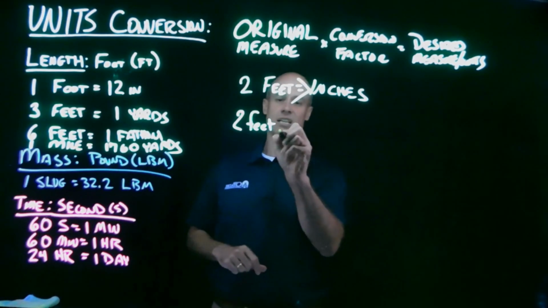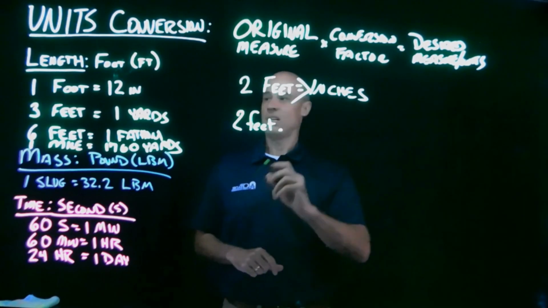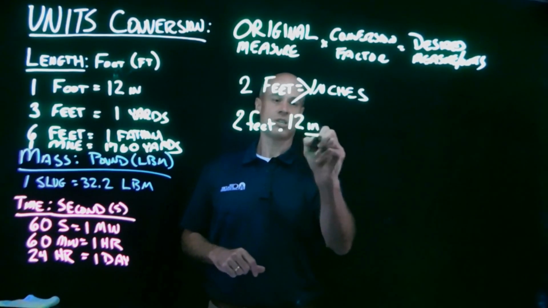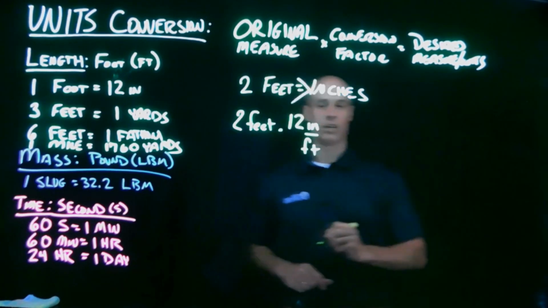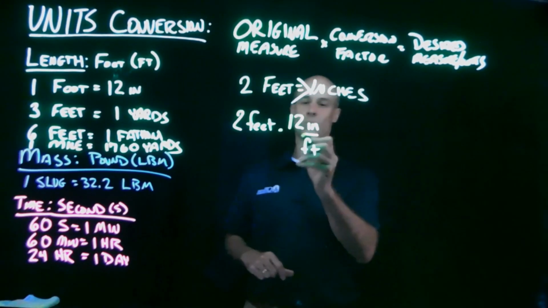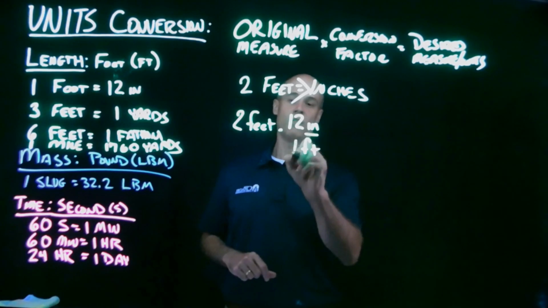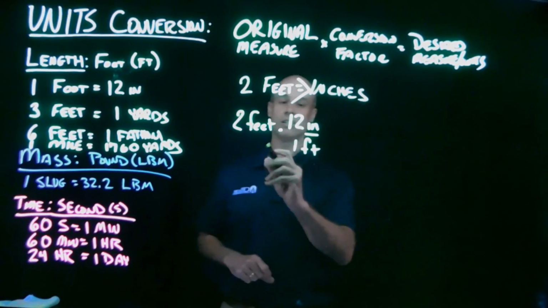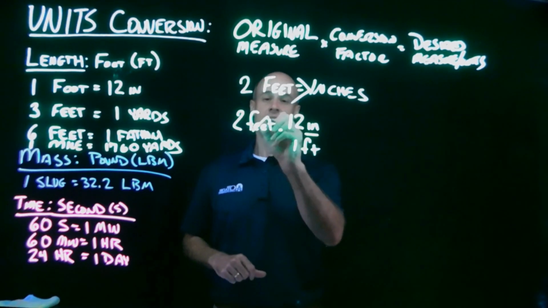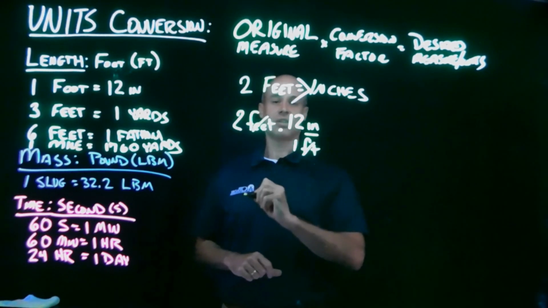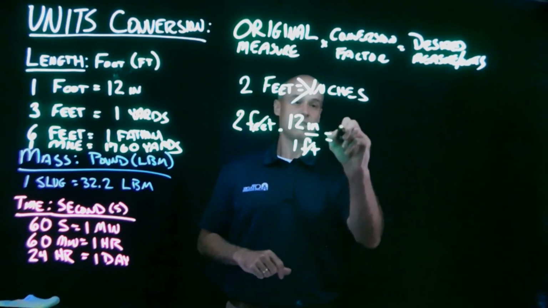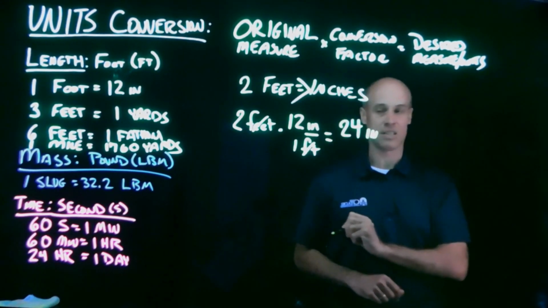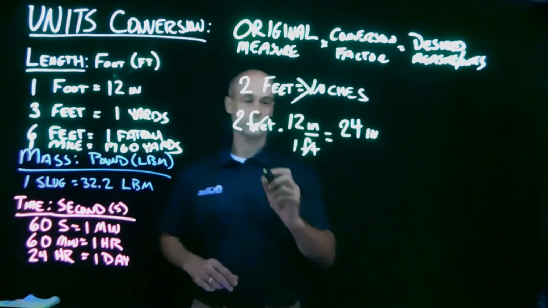So we're going to make that into a fraction. Now in this case, we're going to have 12 inches per foot. Now we know that 12 inches divided by 1 foot is just 1. So the only thing we're changing here is the units. The feet will cancel out, and that's going to leave us inches. So here we have 24 inches, and we know that's right.